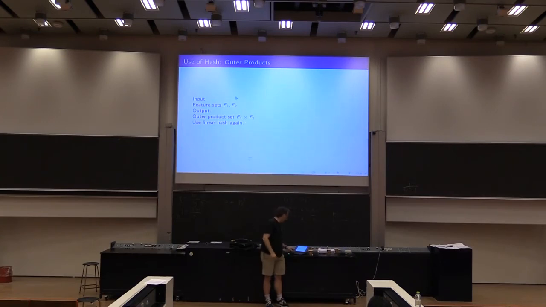Okay, so now you want to do outer products. So your input is 2 sets of features, and your output is the outer product of 2 sets of features. This is a really useful primitive for several reasons, but a common one is that you only care about the interaction of two sets of features. So suppose that you wanted to predict which search result should go with a query.